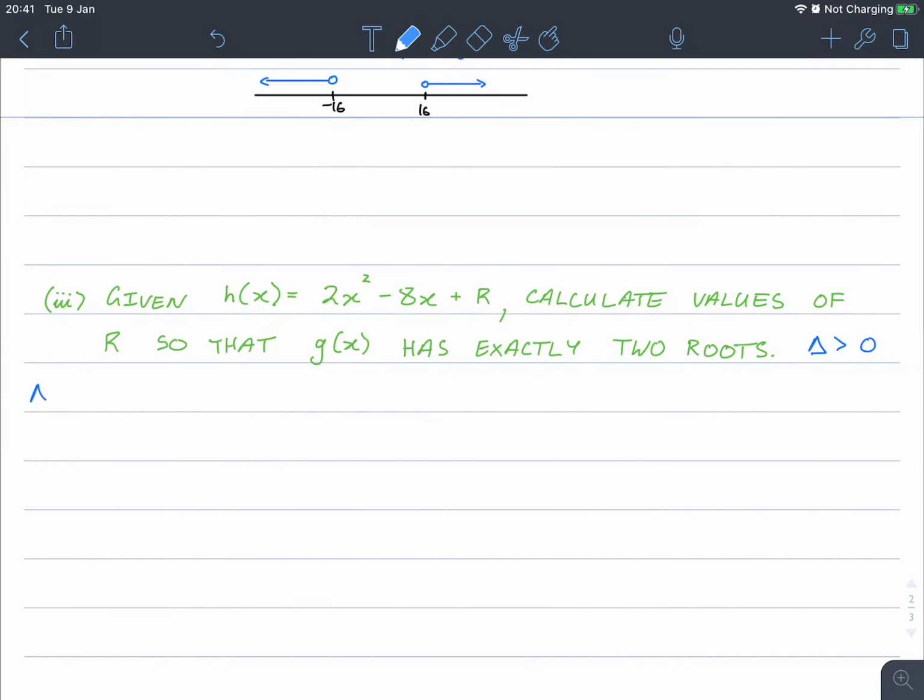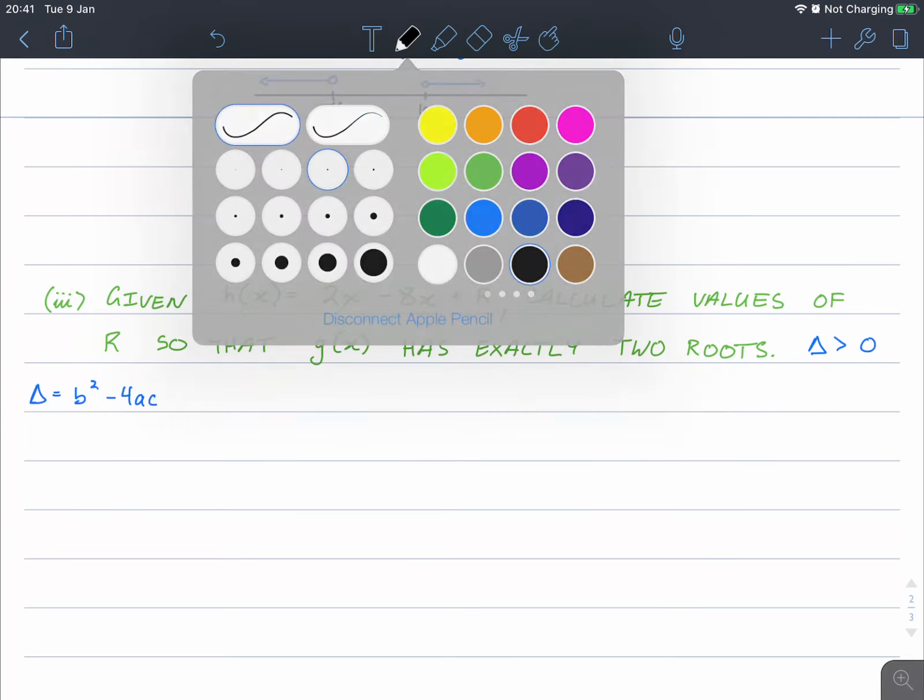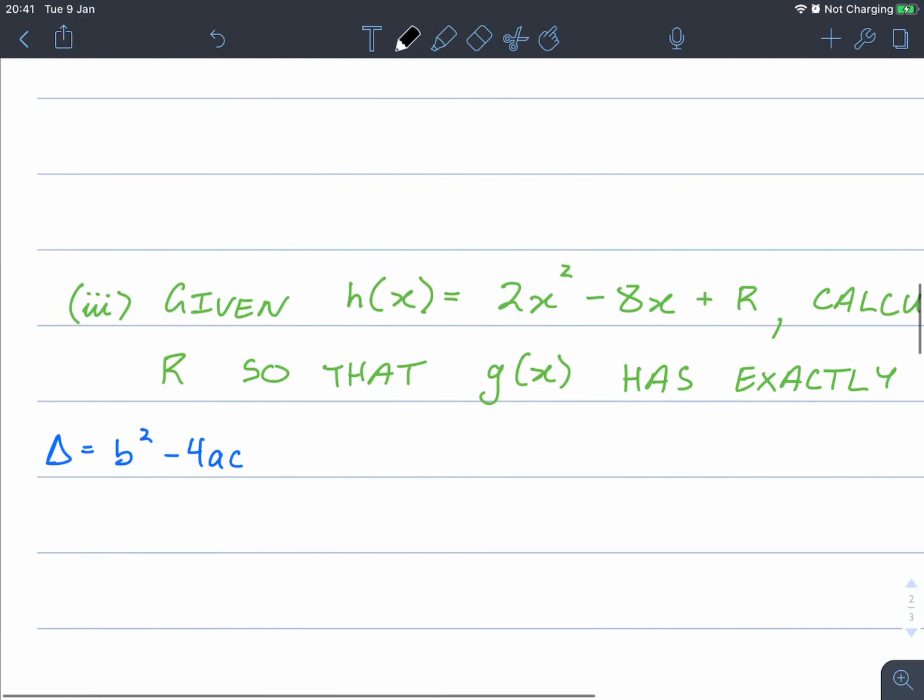Just so we remember, delta is equal to b squared minus 4ac. And we need to know the values of a, b, and c. So a is 2, b is negative 8, c is equal to r.